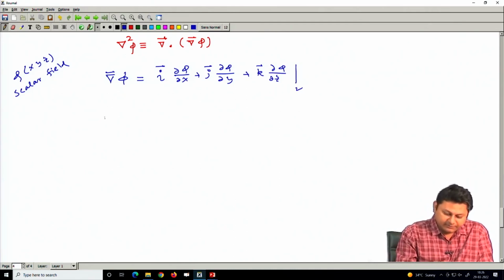Now, the next step is to find the divergence of this quantity, the divergence of the gradient of phi.